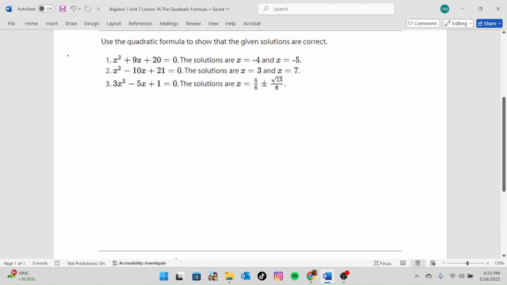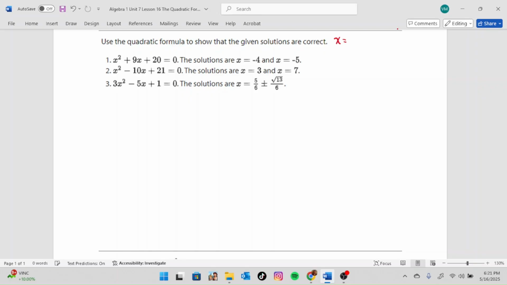Practice problem number 2 wants us to use the quadratic formula to show that the given solutions are correct. So I know that we briefly showed the quadratic formula when we were going through the vocabulary terms, but let me go ahead and write it up here at the top right so that you can remember it.